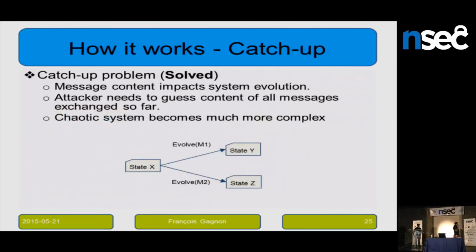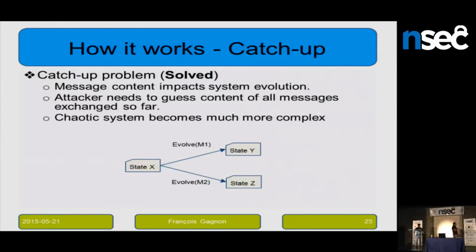How we solve this particular problem is that we're using the message content to impact the system evolution. An attacker would need to guess, or have access to, all the messages exchanged so far to be able to catch up. It's still possible if you have the initial system and the full set of message exchanges, but you cannot do it with only one message.